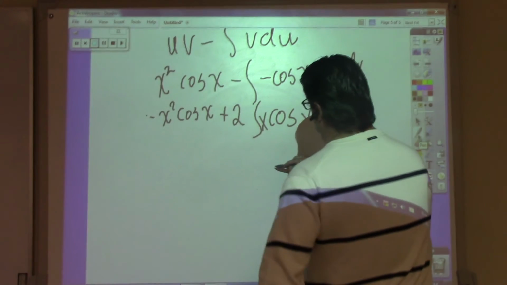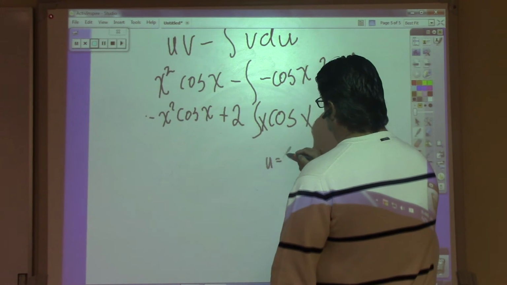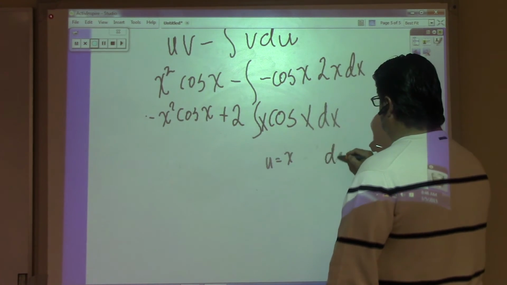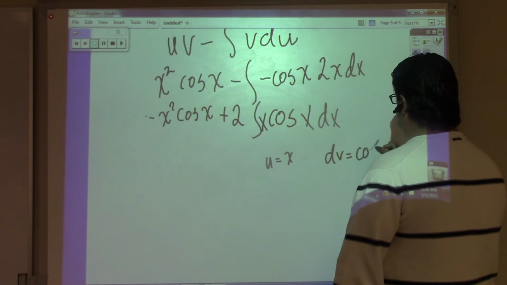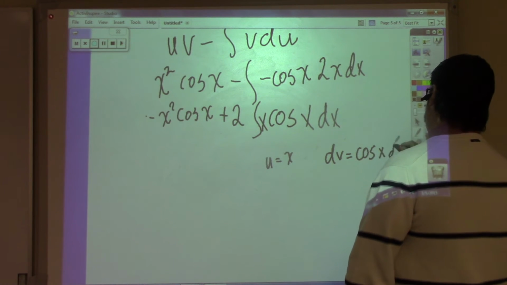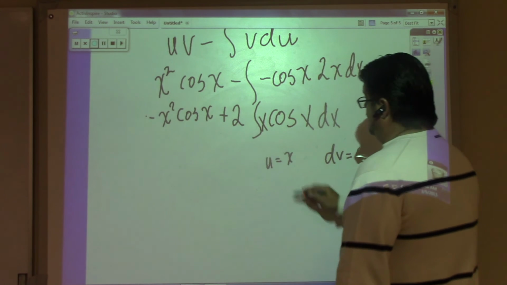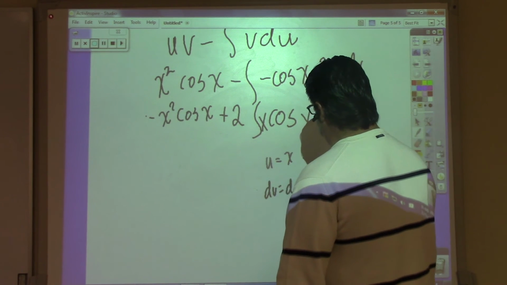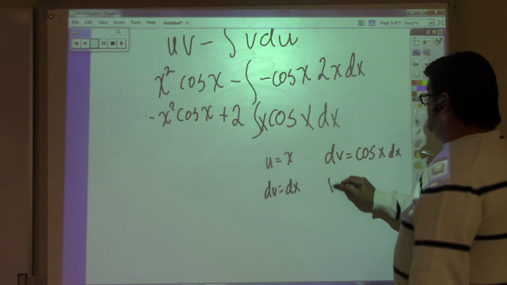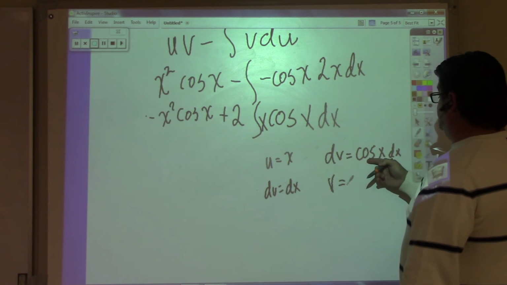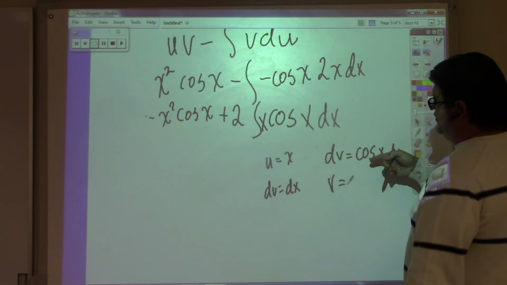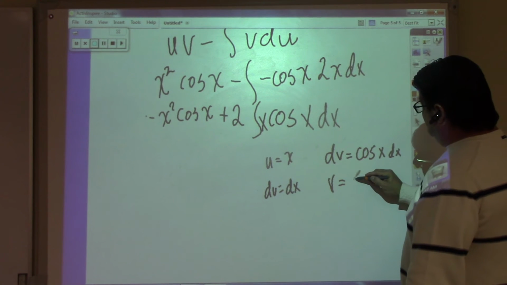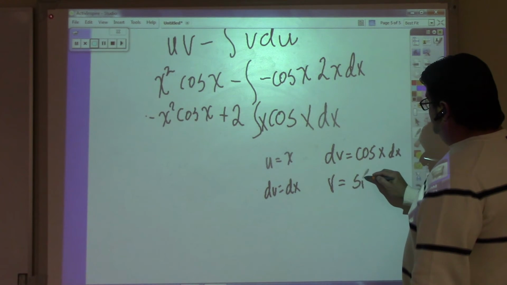So u is equal to x, dv is equal to cosine of x dx, du is equal to dx, and v is equal to the antiderivative of the cosine, which is what? Sine.